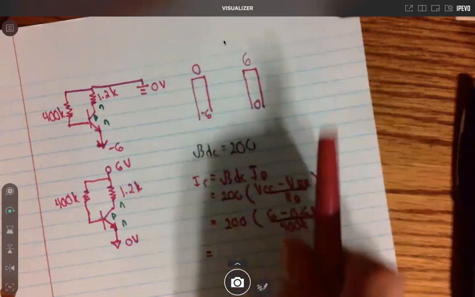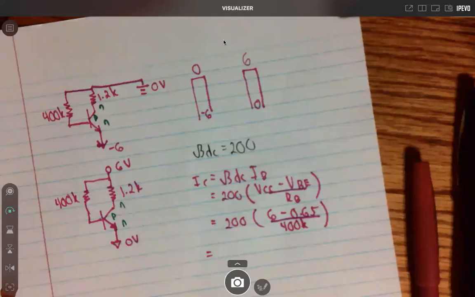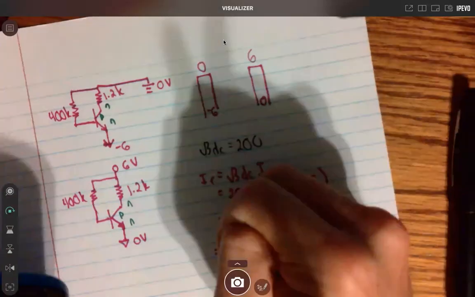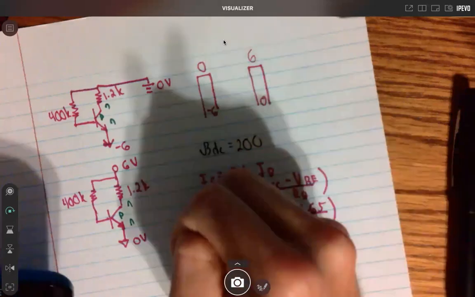Let me plug this into my calculator: 6 minus 0.65, divided by 400K, times 200. I got 0.002675 for my IC.